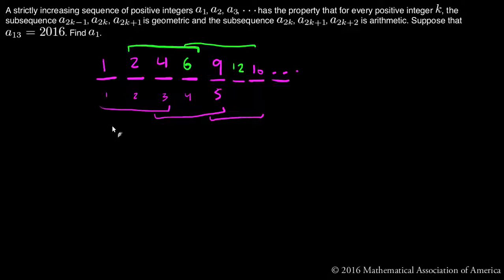If I'm multiplying by 2 over 1 and 2 over 1 for the first pair, I jump into another geometric sequence, and I'll multiply by 3 over 2, and then 3 over 2. And then I'll multiply by 4 over 3, and 4 over 3. And you could probably guess now, next one's going to be 5 over 4 and 5 over 4. And so I can actually get a lot of information without having to find all these terms. That's going to help us.